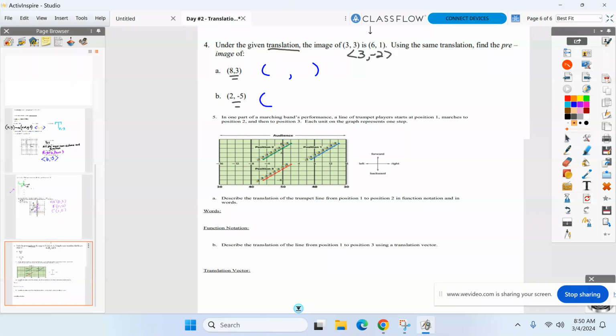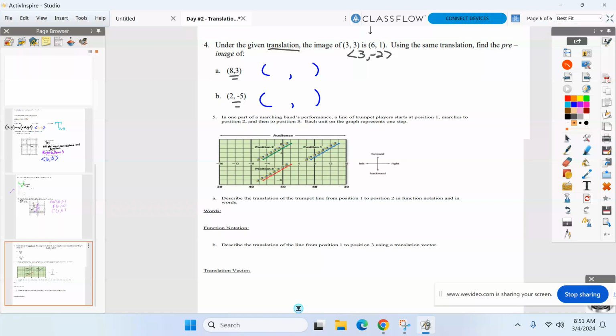What coordinates did you start at? Working backwards here, right? Got to work backwards.